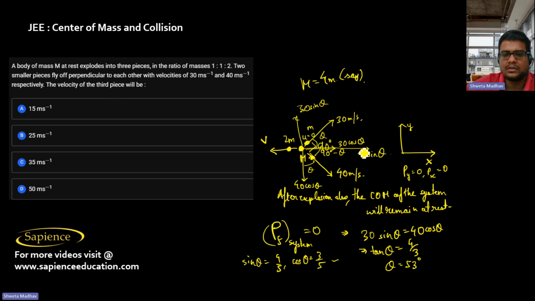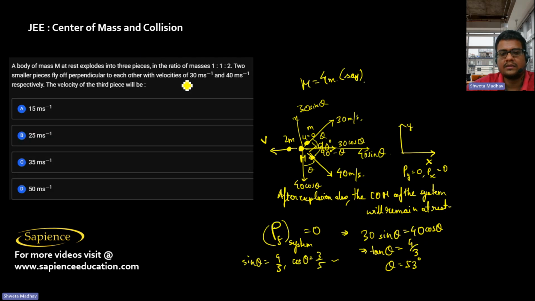So now, therefore, 30 cos theta, but this will be into m. Mass is m. So m into 30 sin theta should be equal to m into 40 cos theta. So m will cancel. Then we will get theta is 53 degrees only.